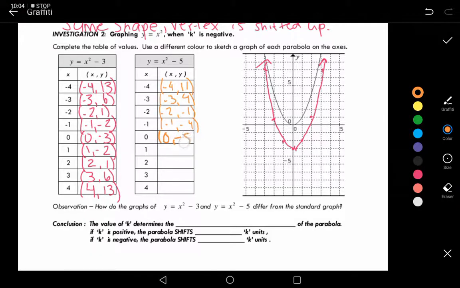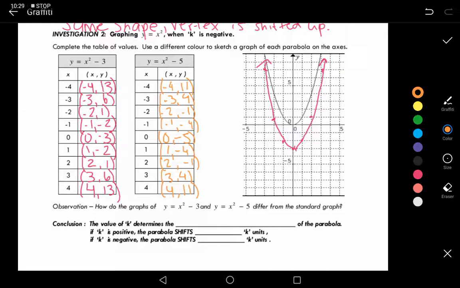0, -5. And 4, 11. Okay, so again, once I have the points, it's just a matter of graphing them. We can't graph the 4s again, so we'll start with -3.